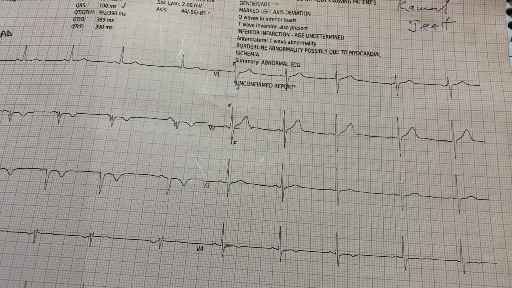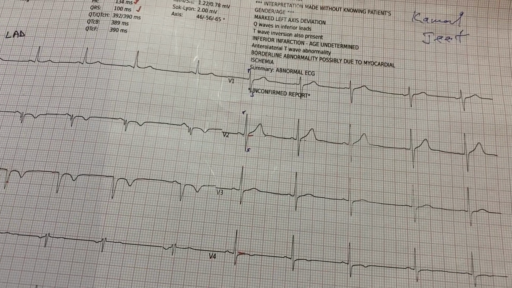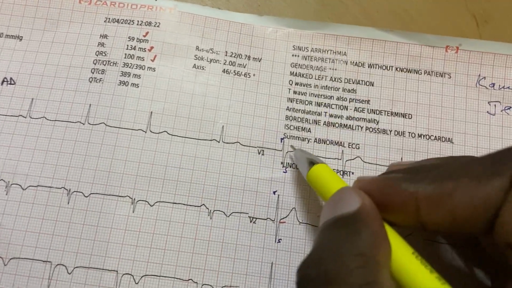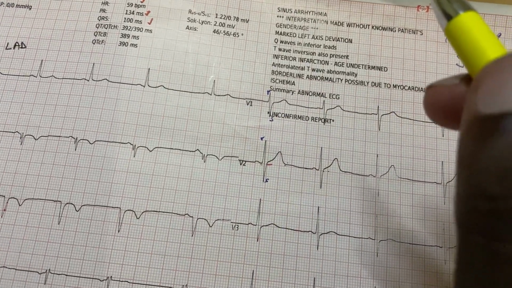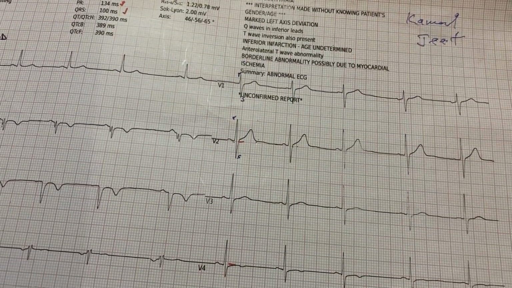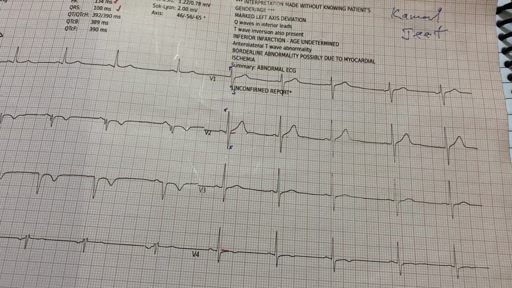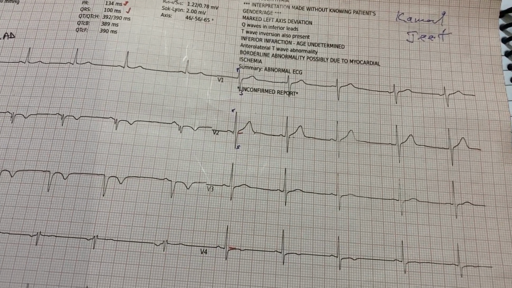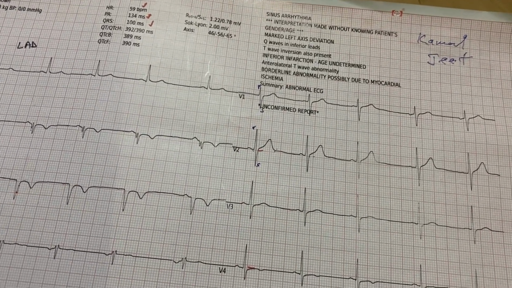And that one we called R wave progression. And we said this one represents septal depolarization. We said in the normal heart, the left ventricle is thicker than the right ventricle, so the net depolarization vector is towards the left.